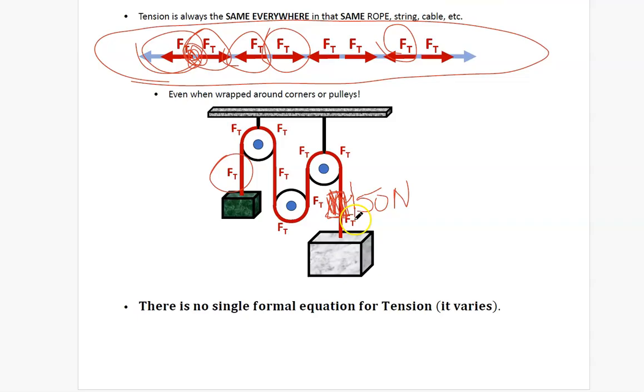Well, that's the tension pointing in this direction at that point. It means, because this is all the same rope everywhere along this run, it's 50 newtons of tension everywhere along the same rope. As long as it's the same rope or cable or wire, and they're all connected in one taut line, doesn't matter what the shape is, the tension will be identical everywhere.